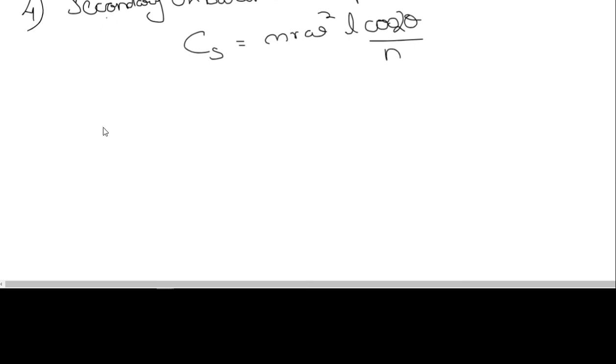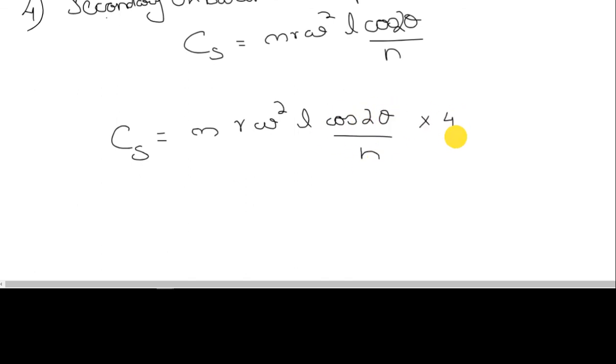So when you do the numerical, we will just modify this couple by dividing and multiplying by 4. So we will get m r omega square L cos 2 theta by n. We will modify this equation by multiplying and dividing by 4.